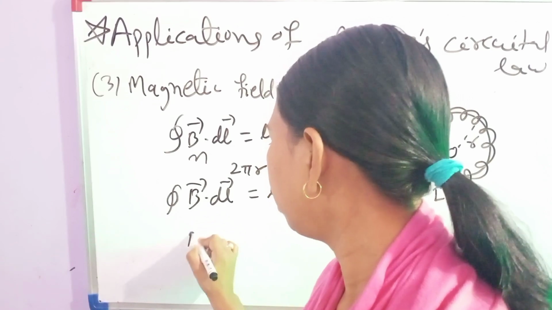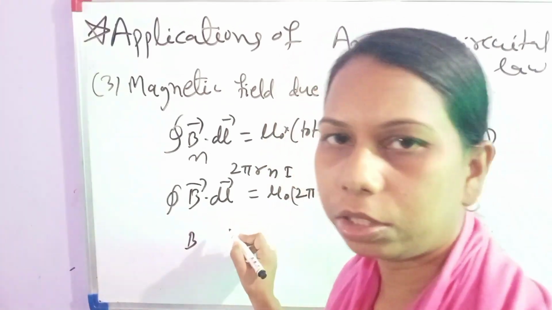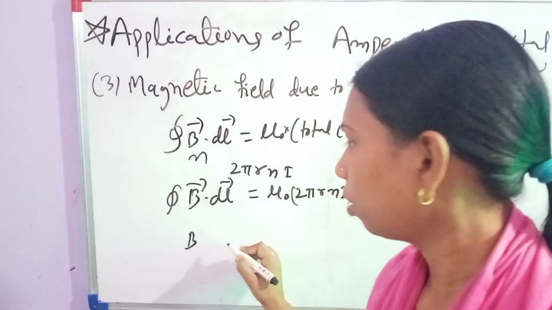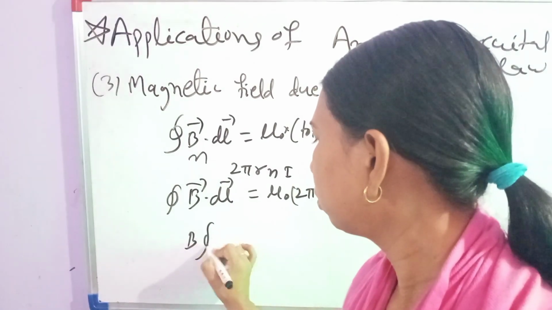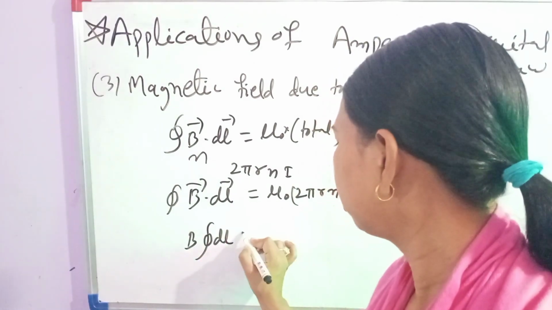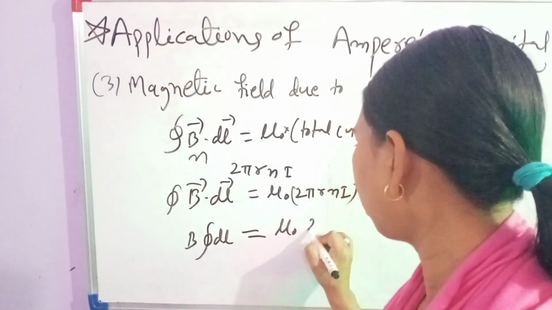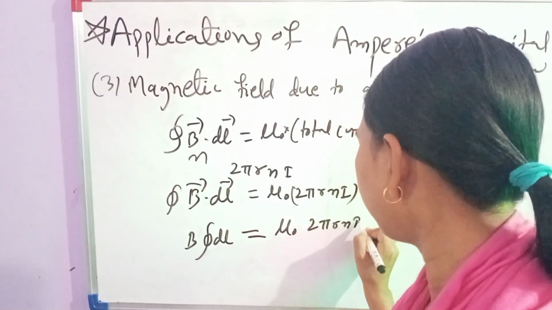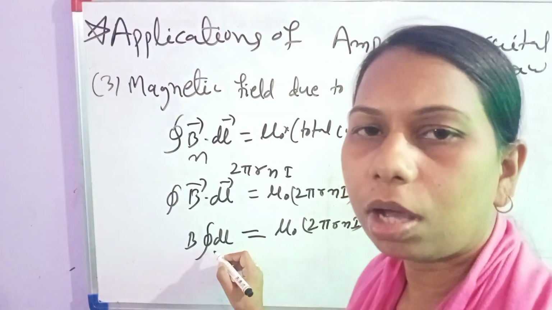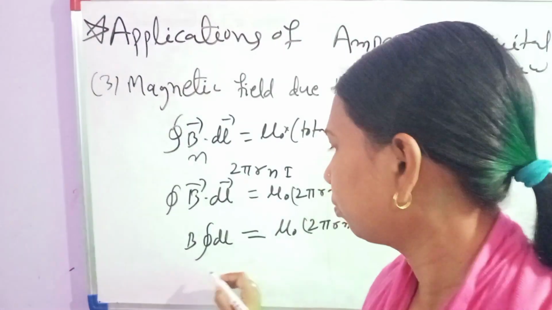Now this integration will be B dl cos 0 degree. So integration of dl, with B constant taken outside, equals mu naught 2 pi r n I. The integral of dl will be 2 pi r.